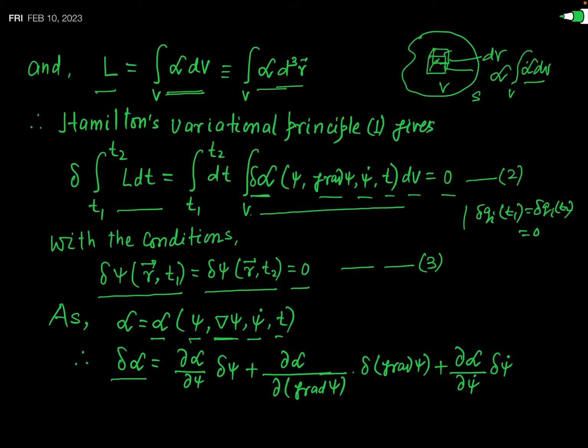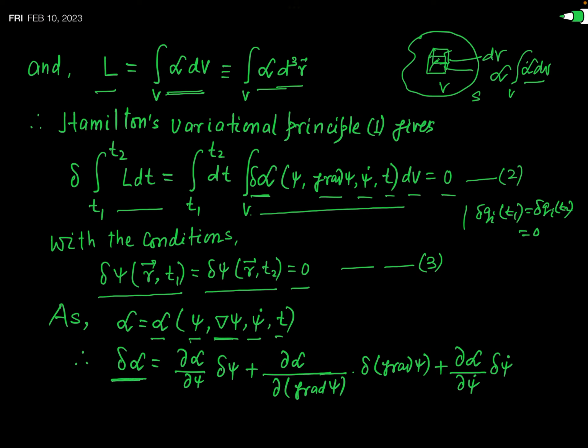Since this Lagrangian density L is a function of more than one independent variable, to find delta L you have to adopt the process of partial differentiation. According to the rule of partial differentiation, you can easily find delta L.